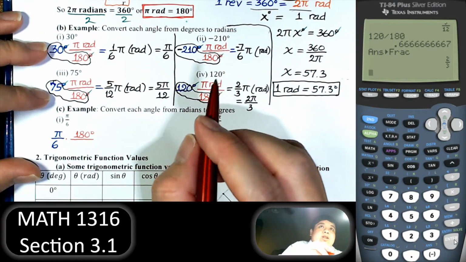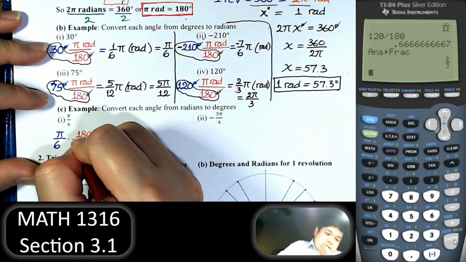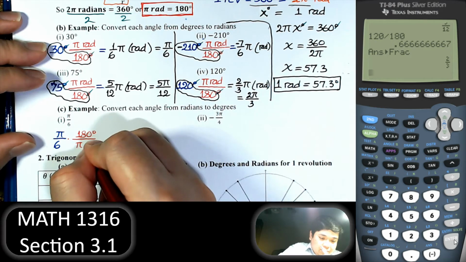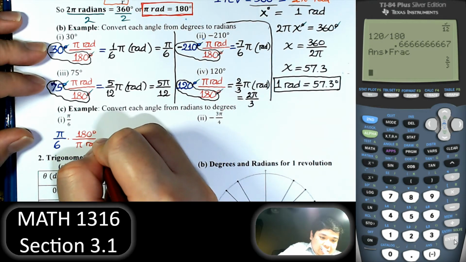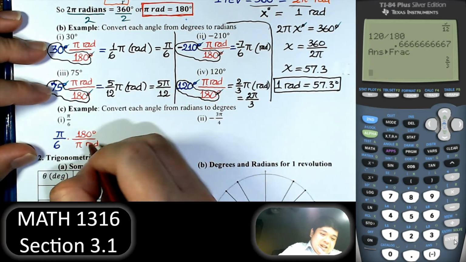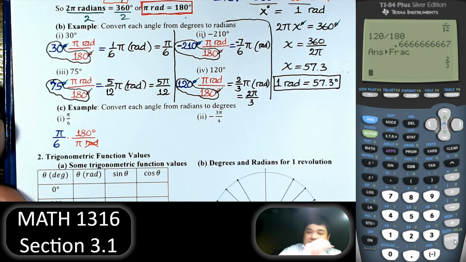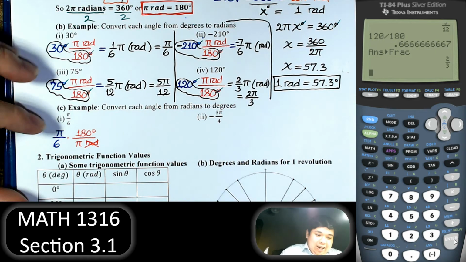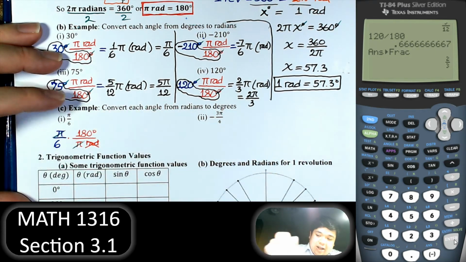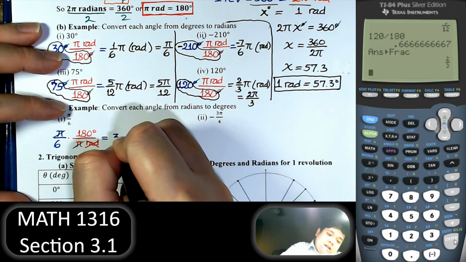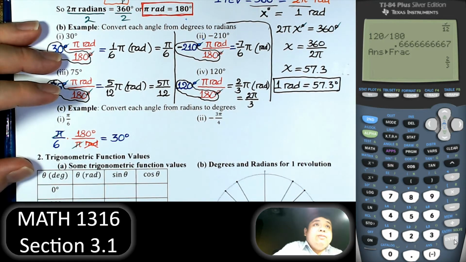So 180 on the top, and the bottom is pi radian. Like a special unit, right? Just take it out. It cancels itself. Now simplify: pi divided by pi cancels out. 180 divided by 6 is 30 degrees. Simple enough.